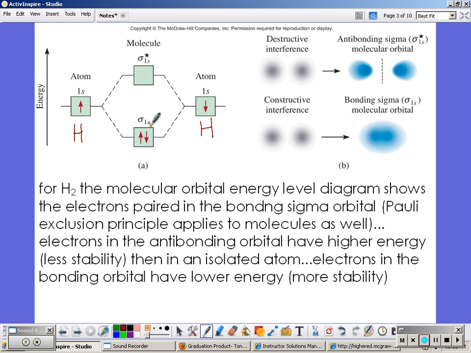So they're paired in the sigma orbital. We still follow the same rules as in electron configuration, like the Pauli exclusion principle, where we have 1 arrow up, 1 arrow down to show opposite spins. Electrons in the anti-bonding sigma orbital have higher energy, less stability than those in the isolated atom. Electrons in the bonding orbital have lower energy, therefore more stability.